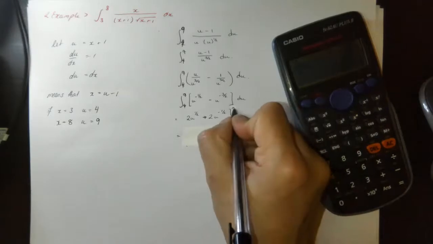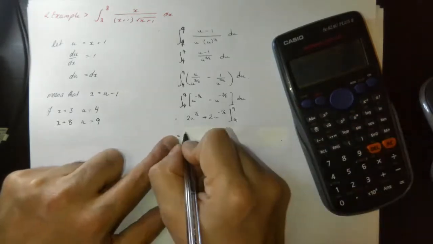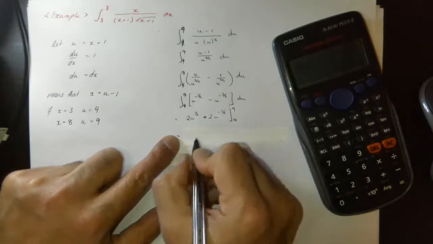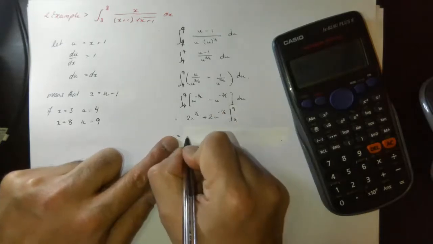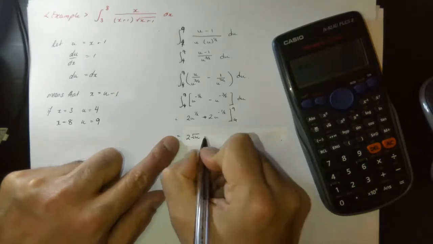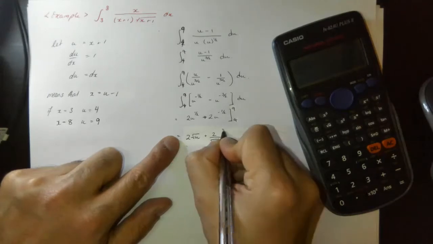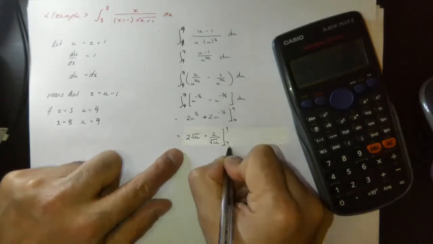And I'm in my boundaries from 9 to 4. So I could write this as 2 root u plus 2 on root u from 9 to 4.